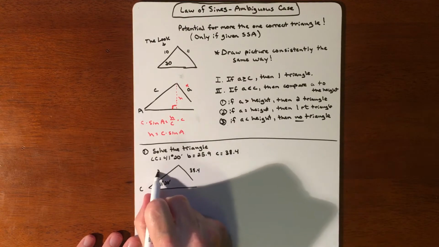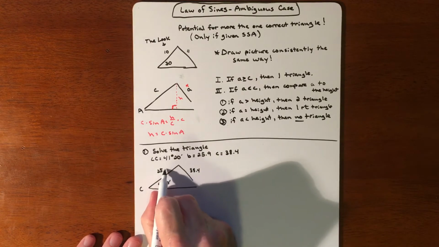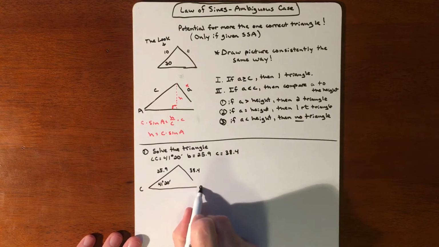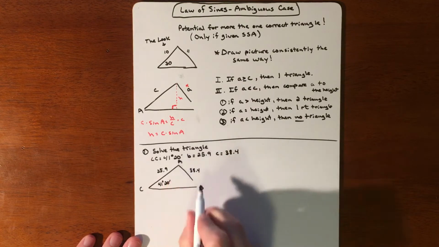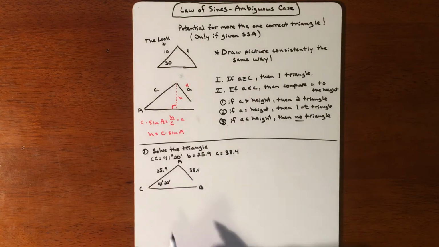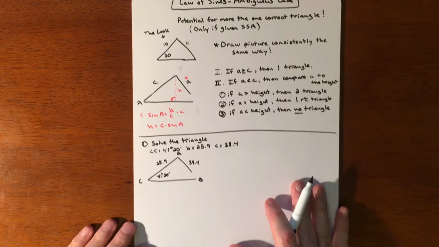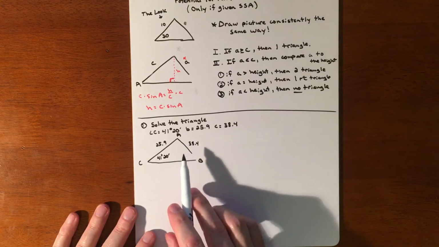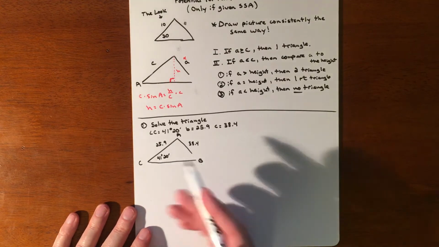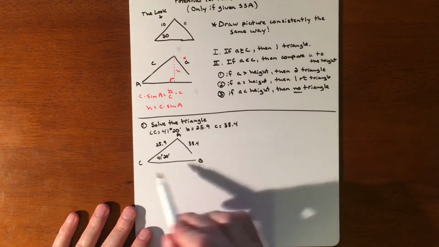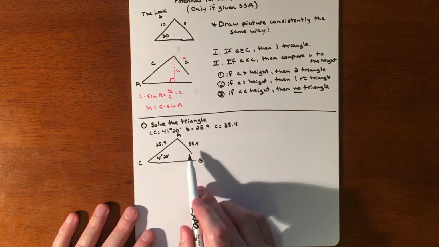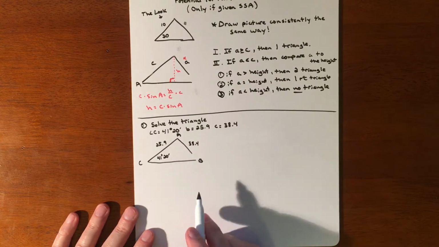And then my other side is 25.9, so I force that to be side B, with angle B. If I don't do it this way, I personally get all kind of confused and turned around as to which side potentially swings and how does it swing. So if I draw this every single time, I know that this is my piece that potentially swings.